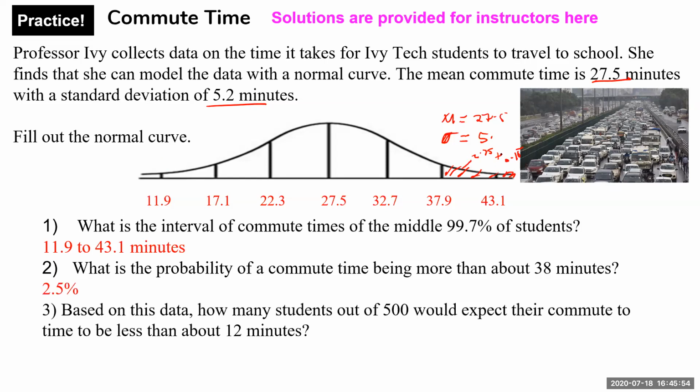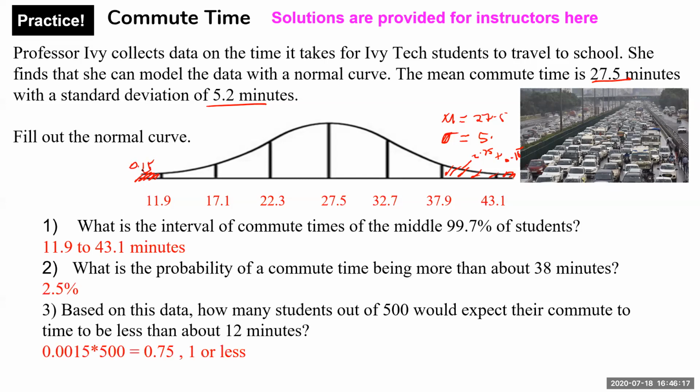Nice. And based on this data, how many students out of 500 would expect their commute time to be less than 12 minutes? Less than 12 minutes. And what percentage is assigned right there?